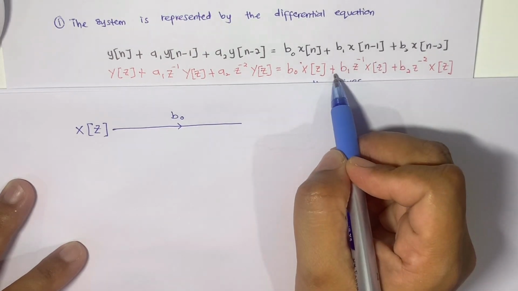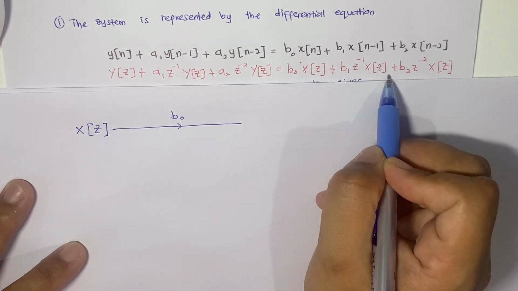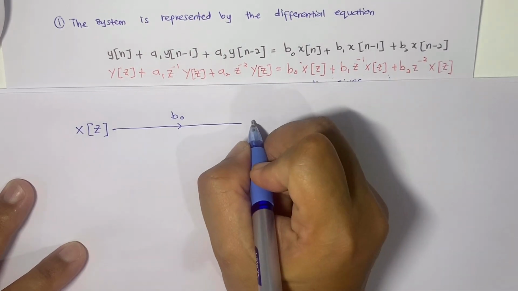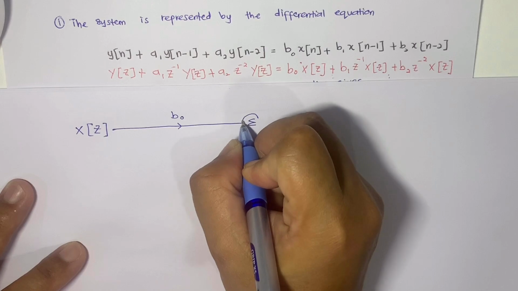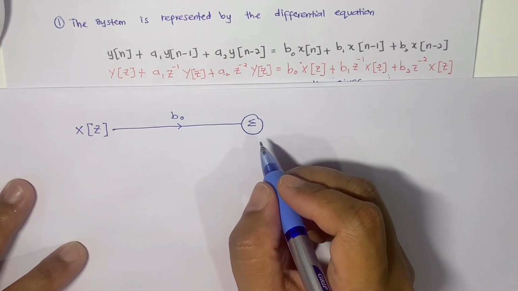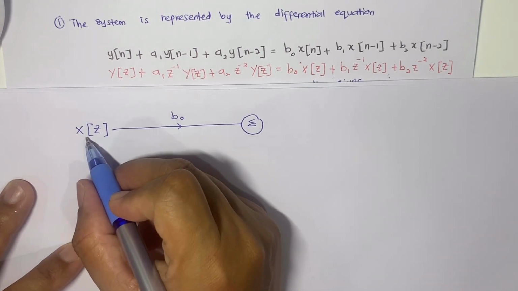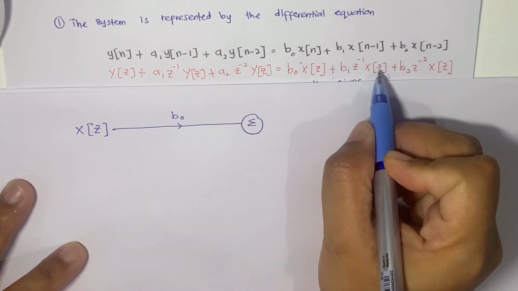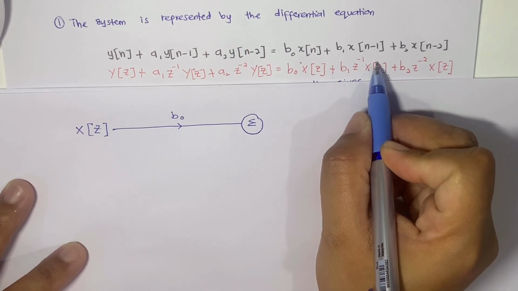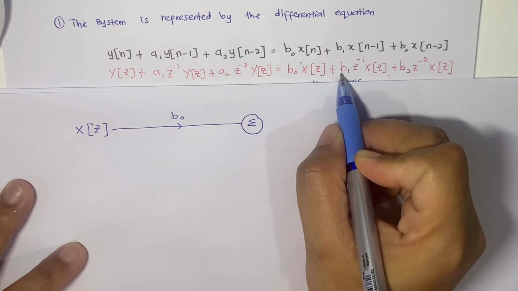And then you see here, all of this is summation, addition, so this is the addition symbol. Now we know that X(z) also will multiply with z to the power of negative 1, b1.